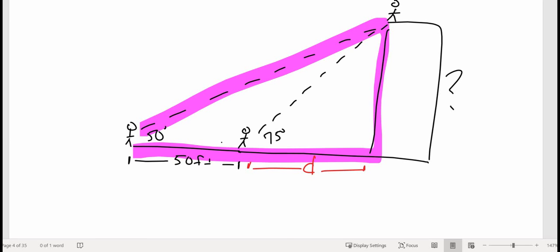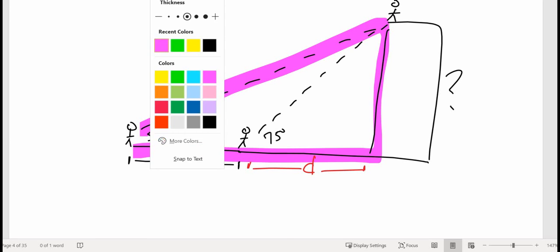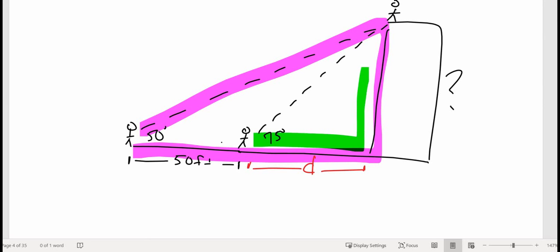Do you see a smaller triangle? Yeah, because we have the smaller triangle in here, right? But thinking about the height of the building, if I knew that little distance, I could even use the smaller triangle to find that height, right? But I don't know the little distance there.